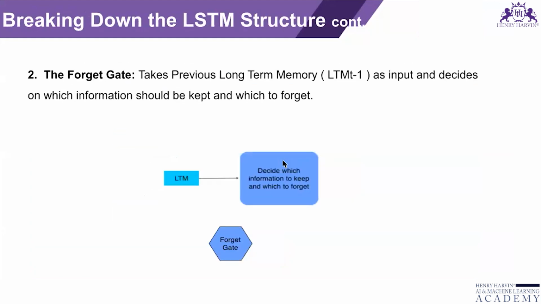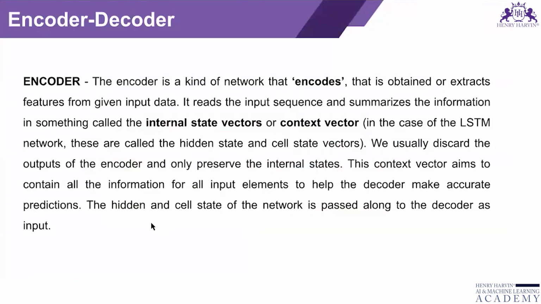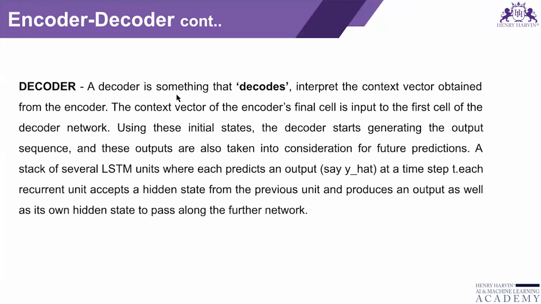So it will check in the cell which word is important or not according to some weights. It will pass through the network, and the decoder will get the input and decode, interpreting the context vector.